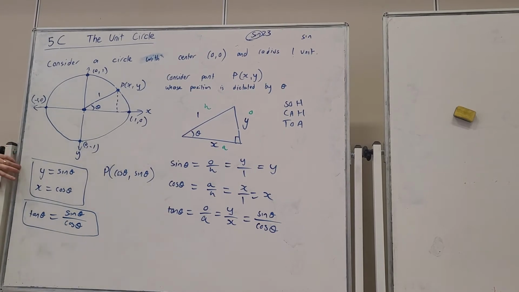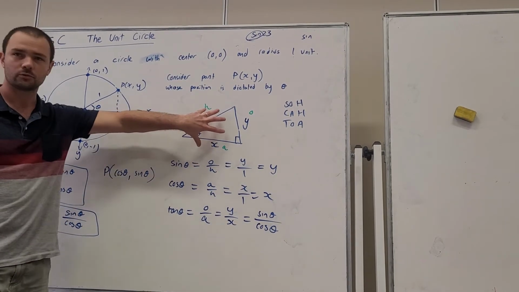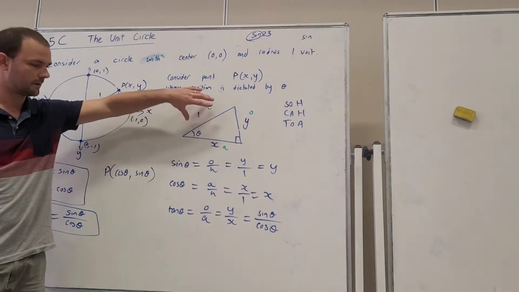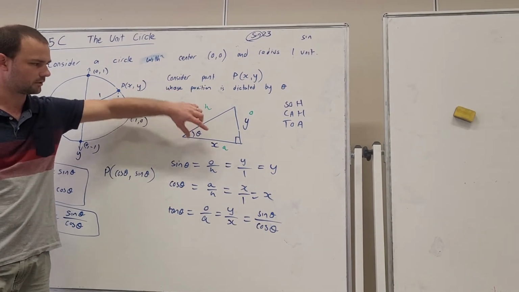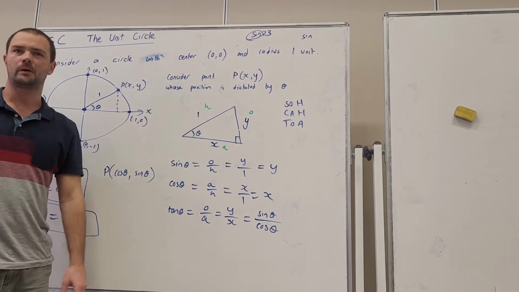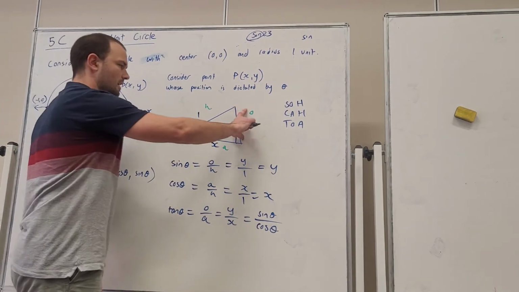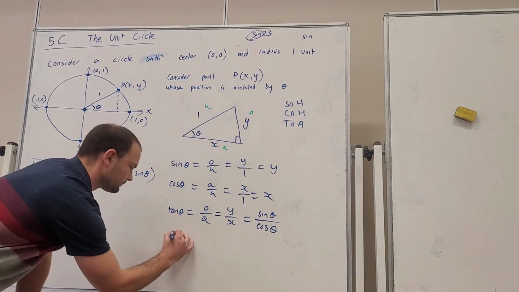What I'm drawing a box around here, these are two identities so far that we've proved that are going to be very important. We've got one more. From this right angle triangle, if we were to make the simple statement, we could look at that and go, Pythag: x squared plus y squared equals 1 squared.